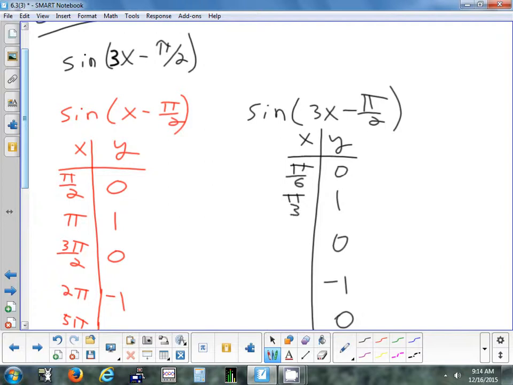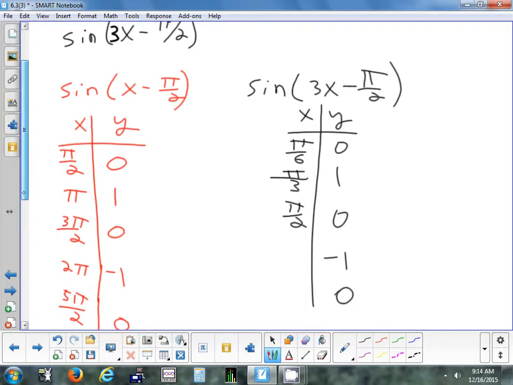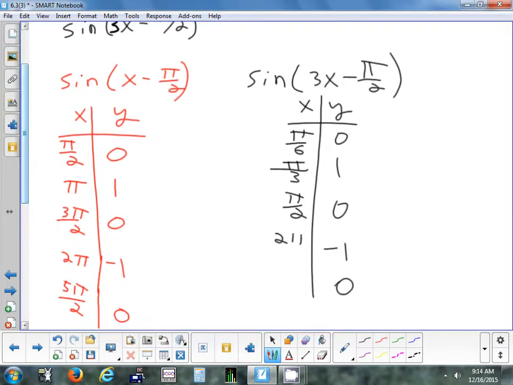Good. How about third one? So it's 3 pi over 6, which is pi over 2. Okay, 2 pi becomes 2 pi over 3. And the last one? 5 pi over 6.